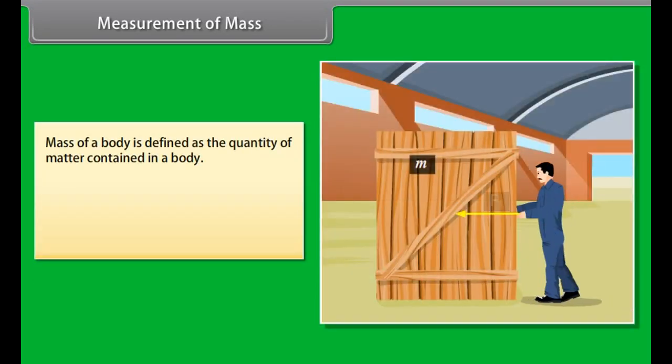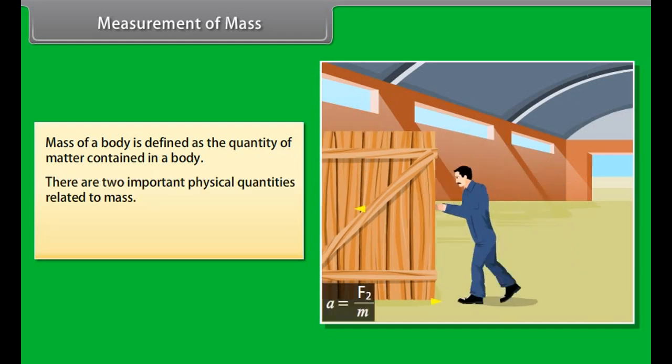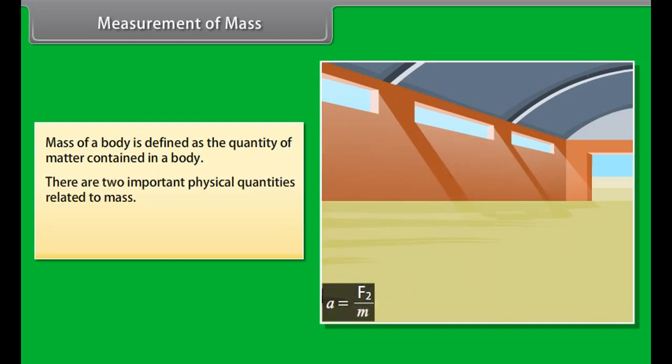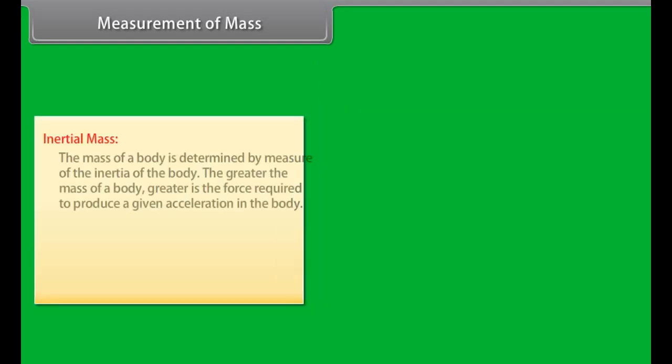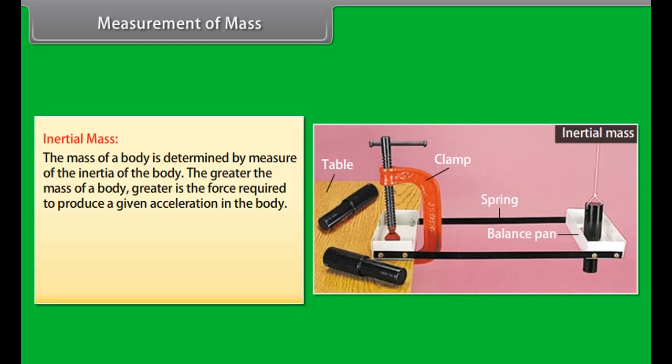Measurement of mass. Mass of a body is defined as the quantity of matter contained in a body. There are 2 important physical quantities related to the mass of a body: inertial mass and gravitational mass. Inertial mass: the mass of the body is determined by a measure of the inertia of the body.